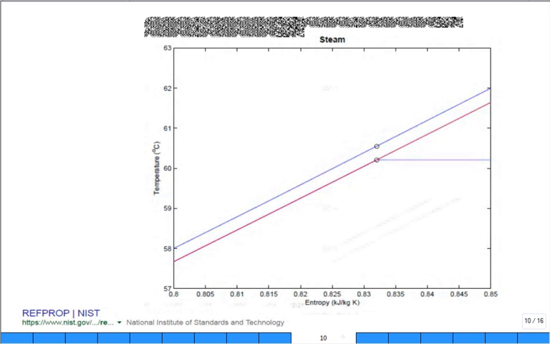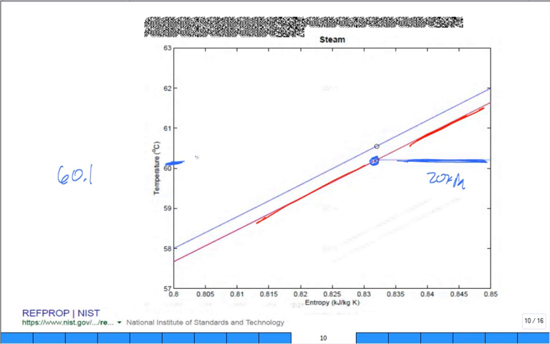So let's orient ourselves a little bit. The thick red line is the line of saturated states, all saturated liquid. That's part of the dome. This line cutting across is a line of constant pressure of 20 kilopascal. When it hits saturated liquid at 20 kilopascal, the actual temperature, TSAT, is 60.1.